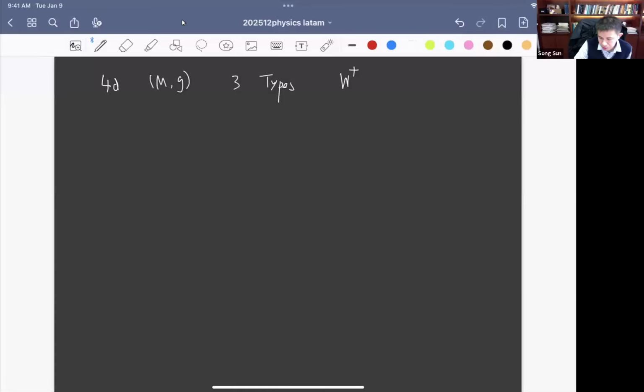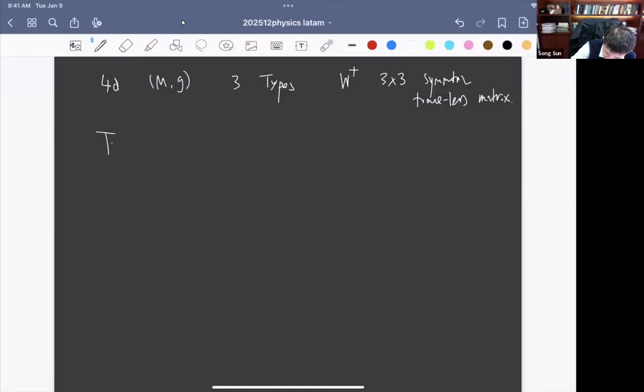We know that W plus at each point is a 3 by 3 symmetric traceless matrix. So it has three behaviors. Either it's identically 0, or it can have three distinct eigenvalues, or it has two distinct eigenvalues, or just one eigenvalue. If it has only one eigenvalue, because it's traceless, it has to be identically 0.